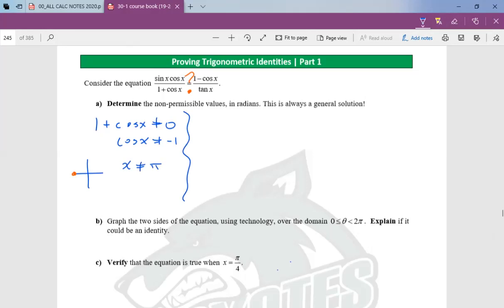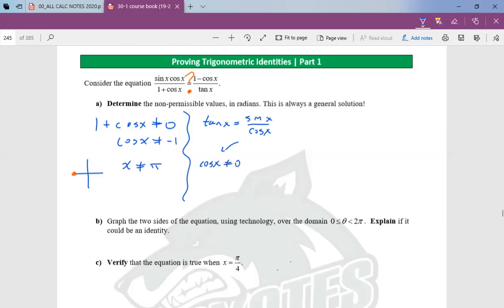Because we have tan x, whether or not it's in the denominator, we have tan x, which is sine x over cos x. Because it's defined to be sine x over cos x, therefore cos x cannot equal 0.